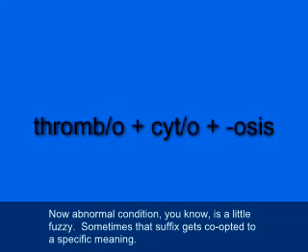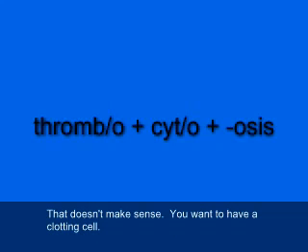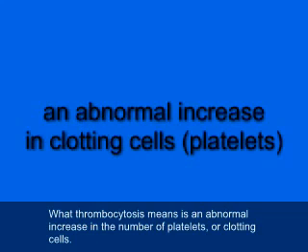Now, abnormal condition is a little fuzzy. Sometimes that suffix gets co-opted to a specific meaning, and this is one of those cases. We wouldn't say this is the abnormal condition of having a clotting cell. That doesn't make sense. You want to have a clotting cell. What thrombocytosis means is an abnormal increase in the number of platelets or clotting cells.